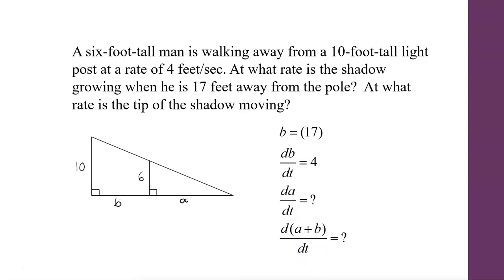Okay, so now that I know what I'm trying to find, there are a couple of derivatives I am trying to find, and there is a derivative that I'm given. So what I need to do is establish a relationship between the lengths that I know, 10 and 6, and A and B, which are the piece that I have the rate for, the rate that I'm given, and the piece whose rate I'm trying to find.